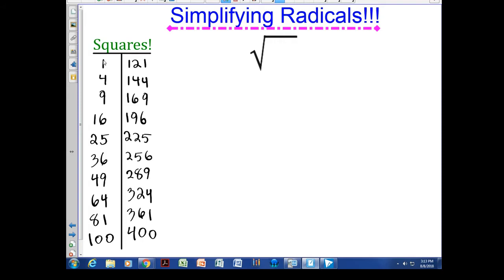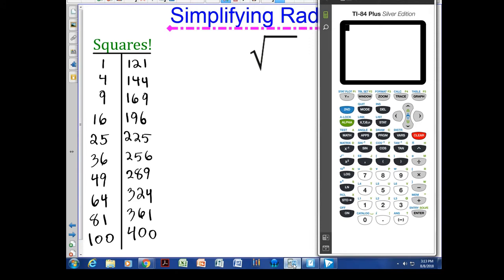For those of you who forget, there's a nice simple way in your graphing calculator. You can just turn on your calculator and go to y equals and ask the calculator to give you all numbers x squared. Y equals x squared. And then hit the second button and go to your table. You'll notice that on the right side are all the square numbers, and on the left side are all the numbers that you're squaring to get those numbers.